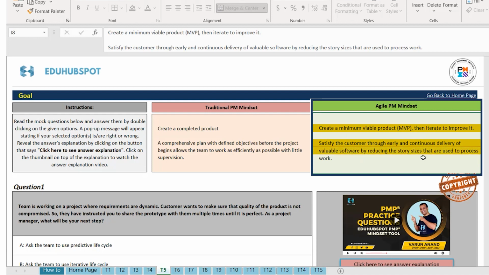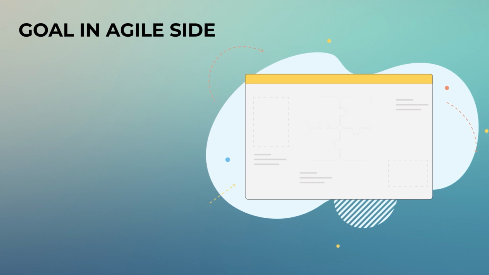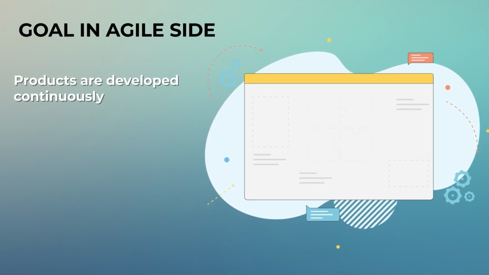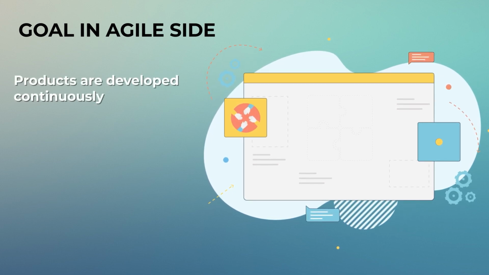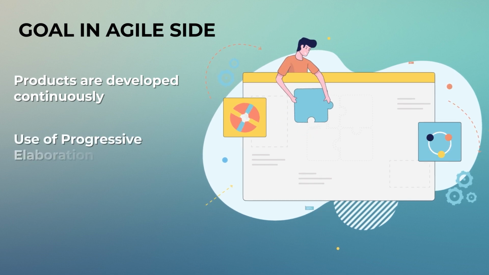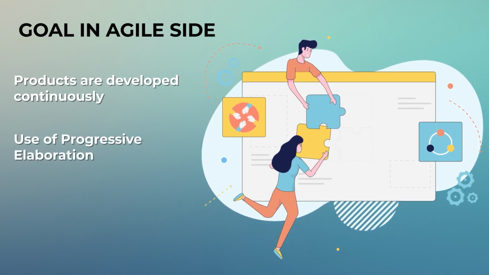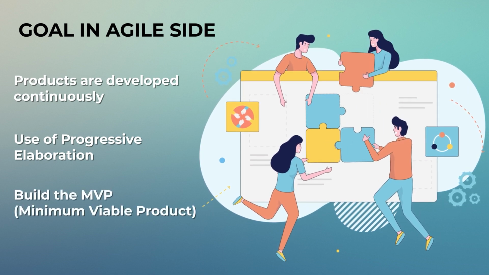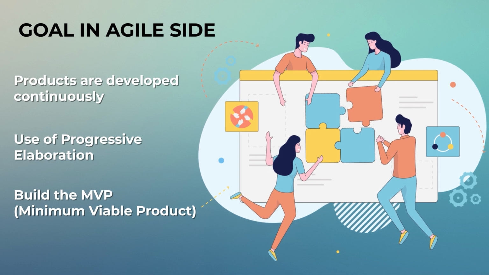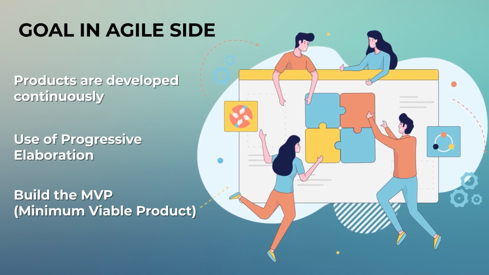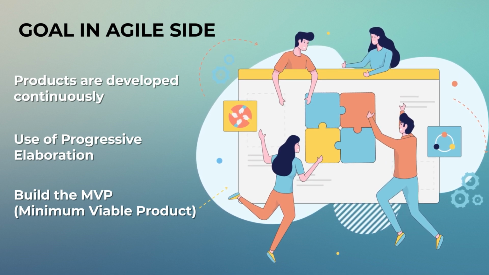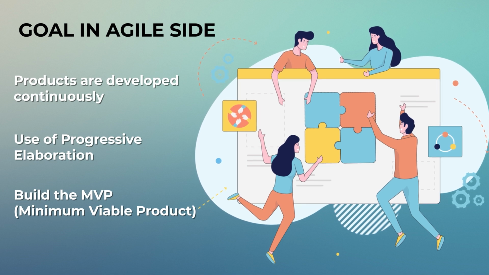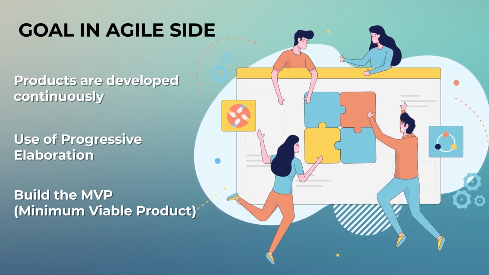So basically on the agile side, you are continuously developing the product. You're using progressive elaboration. Whatever information you have, you build a prototype, you build the MVP. Then once more information gets clear, you build the product on top of that. So in a traditional mindset, when you start, the goal is that this is what you need. On the agile side, you build an MVP and then you build on top of that.